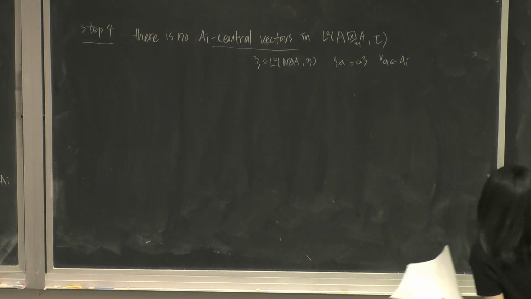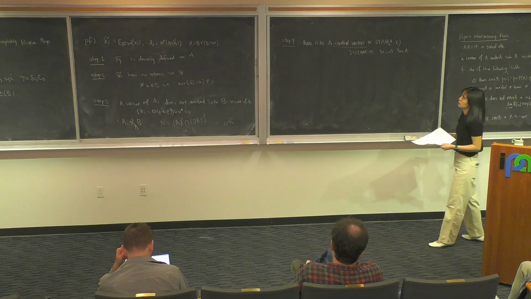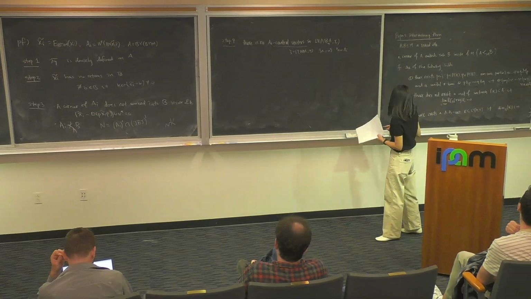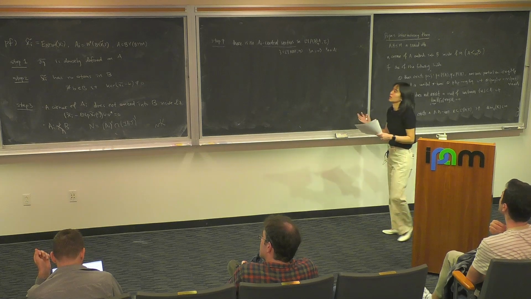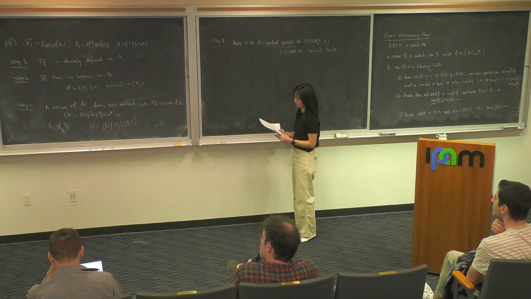This is by using number 2 here. If we have AI central vectors, we can find some unitary by using this, and we can make it small, so it has to be 0.